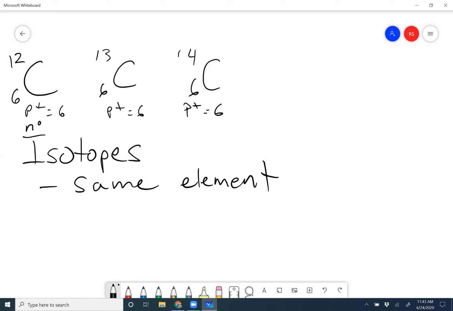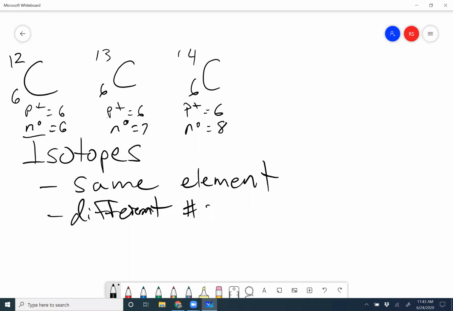But the neutrons here are going to be 12 minus 6, 6, 13 minus 6, 7, and 14 minus 6, 8. So they have different numbers of neutrons. So these are called the isotopes of carbon.